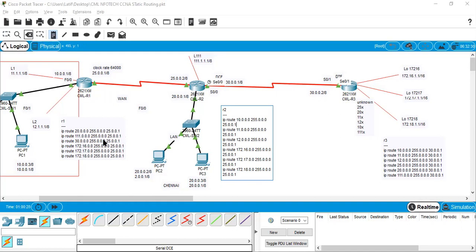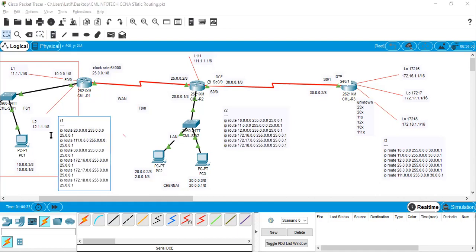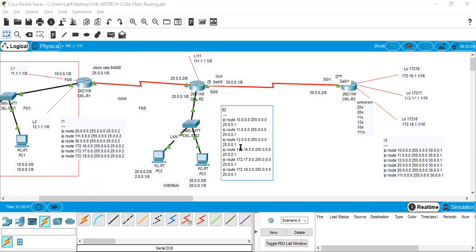Here the next hop would be 25.0.0.2 from R1. Here 10, 11, 12, 25.0.0.1.